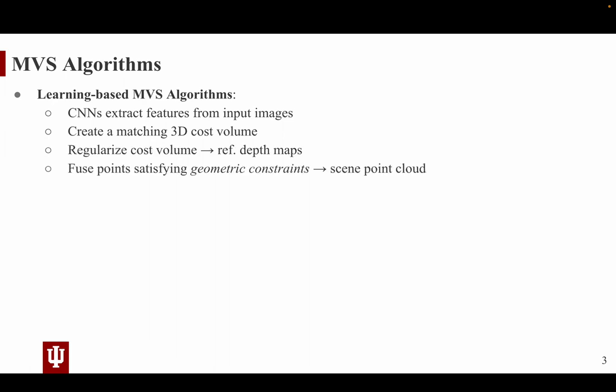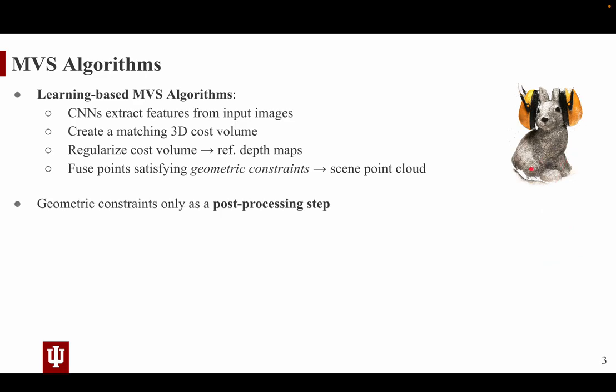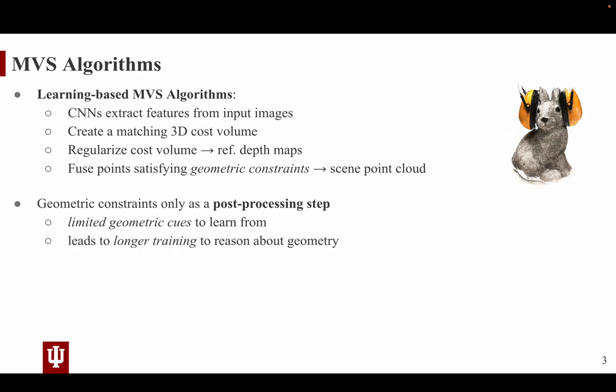Once all the depth maps are generated, in a post-processing step, they are fused together to generate a consistent scene point cloud, which looks something like this. Such methods use geometric constraints only in the post-processing step, which leads to limited geometric cues during the learning process and requires longer training time to learn to reason about geometry.